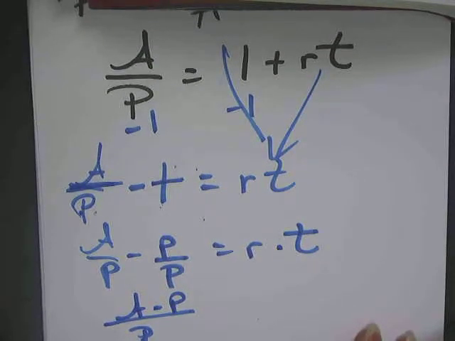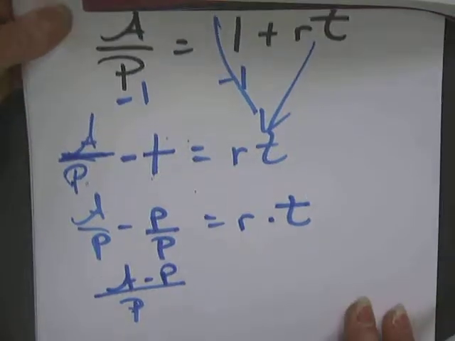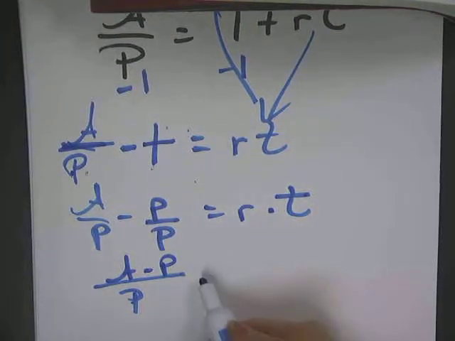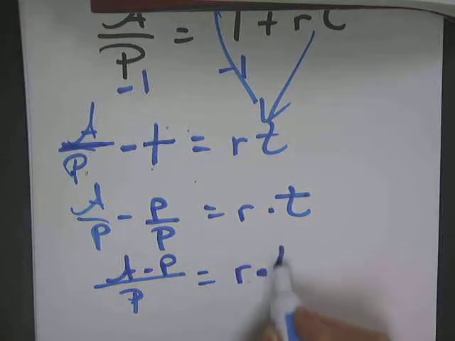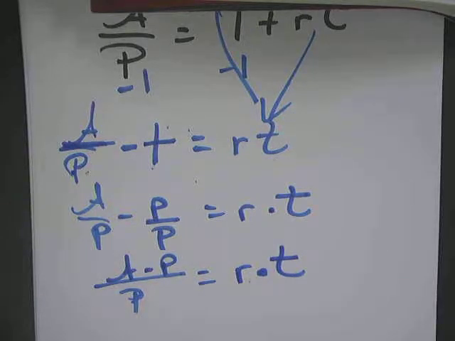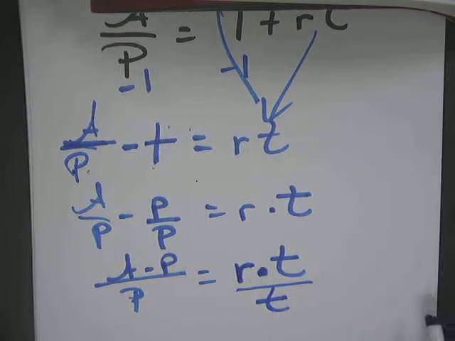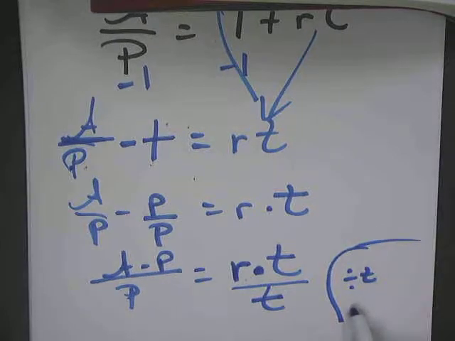So this gives us A minus P over P is equal to R times T.